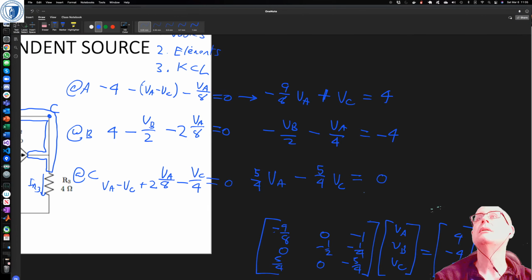You're right, and that means that should be a positive one. And also on the second row, you flipped the VA and the VC terms. It should be negative 1/4, negative 1/2, 0, I believe. You are correct again. Thank you.